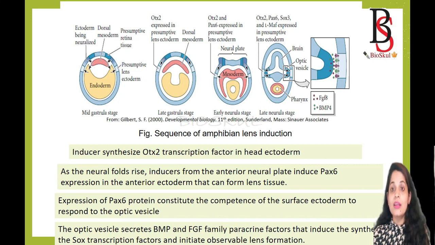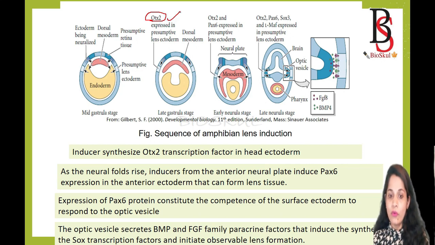The answer is that the inducer synthesizes the OTX2 transcription factor in the head ectoderm. Okay. So it induces the expression of OTX2 in the head ectoderm.